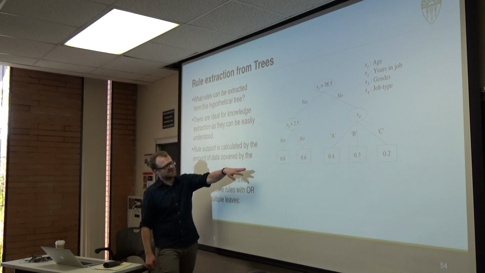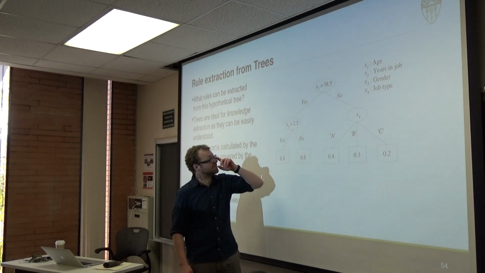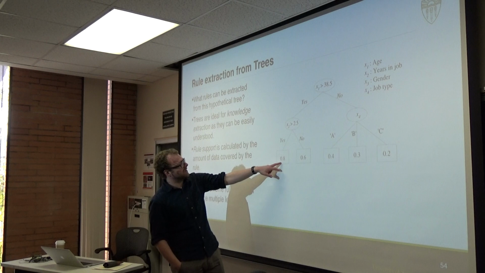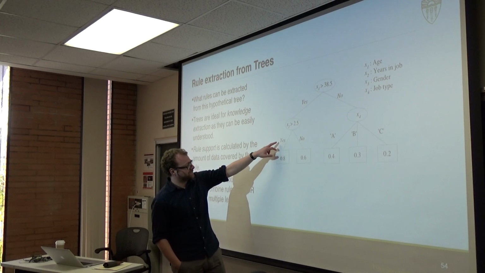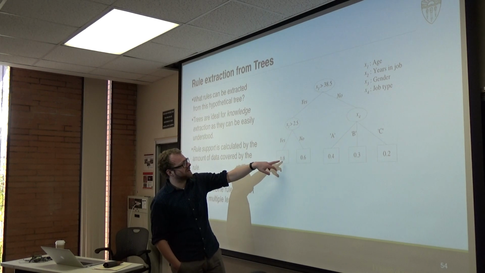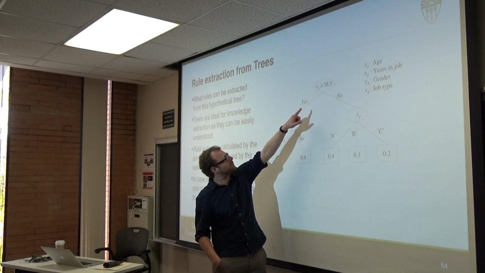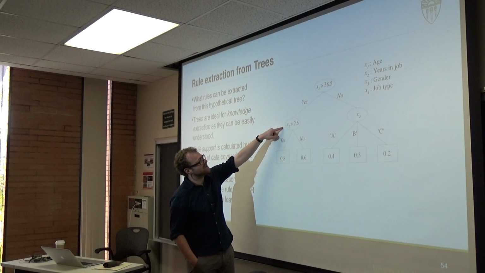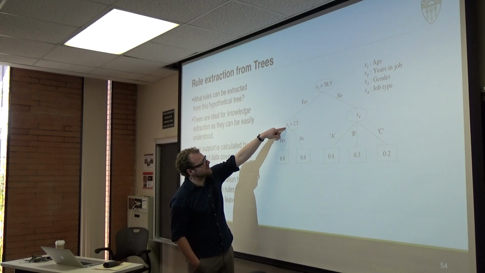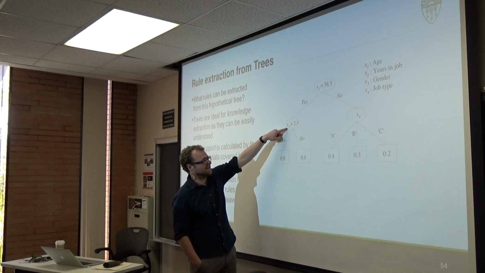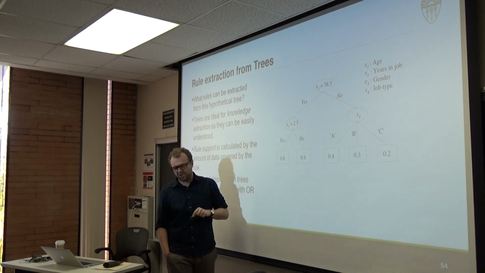So for example, here, these are just some values, I guess, and what we could do is, how do you get to this one? Well, 0.8 is the value if the age is greater than 38.5 years, and the years in job is greater than 2.5 years, then 0.8.